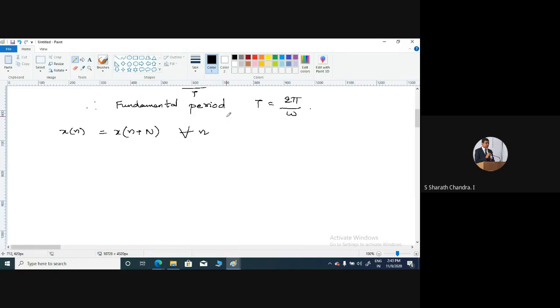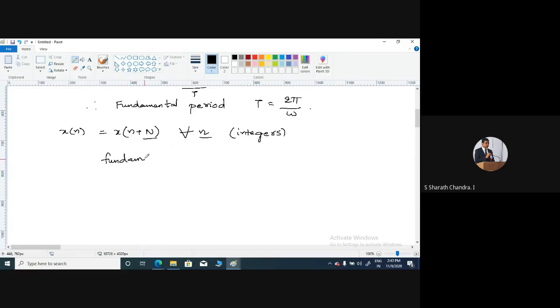Here n is going to take all integer values from minus infinity to plus infinity. If the above condition is not satisfied even for one value of n, then the discrete time signal is said to be aperiodic. And the smallest value of capital N for which this condition is satisfied is known as the fundamental period.